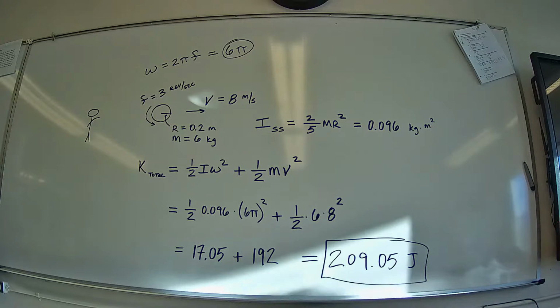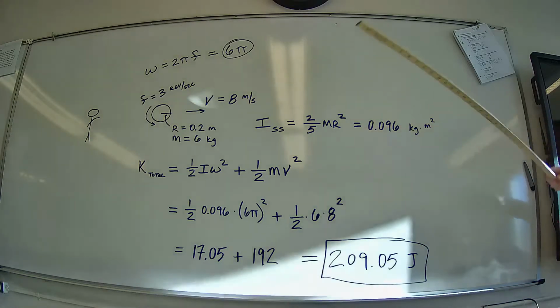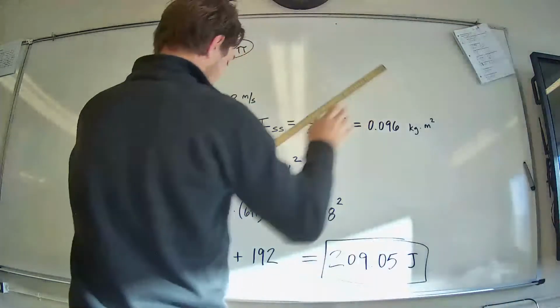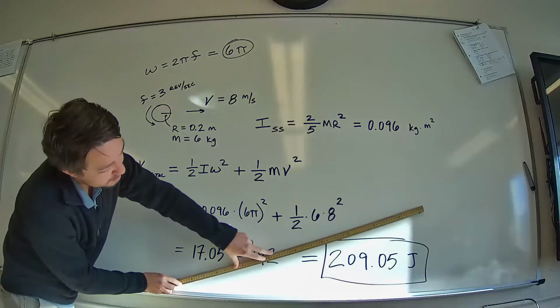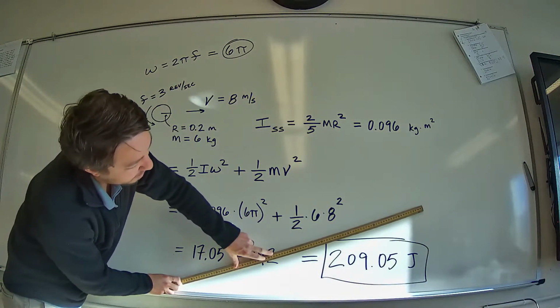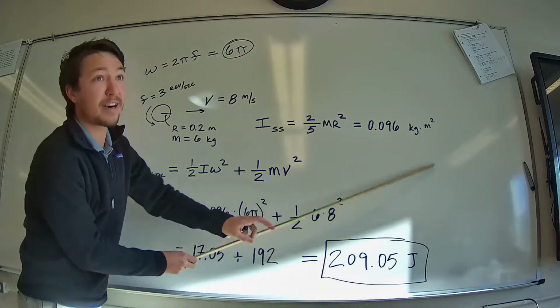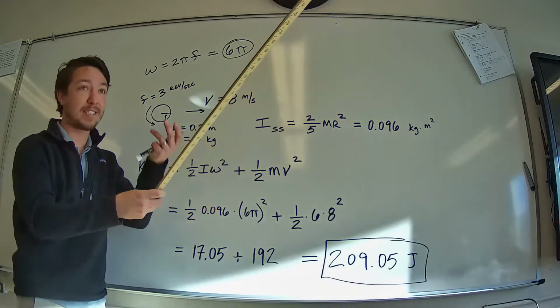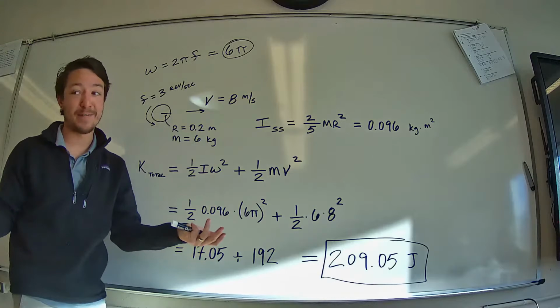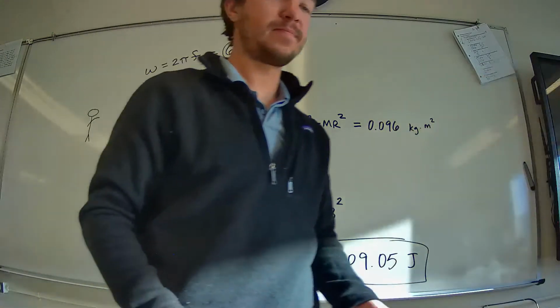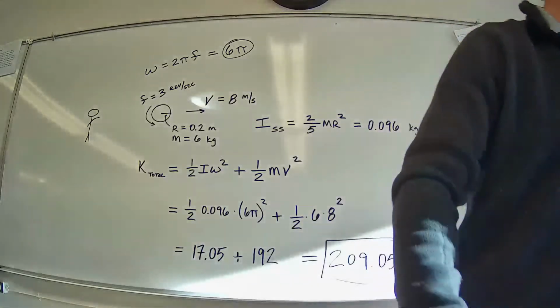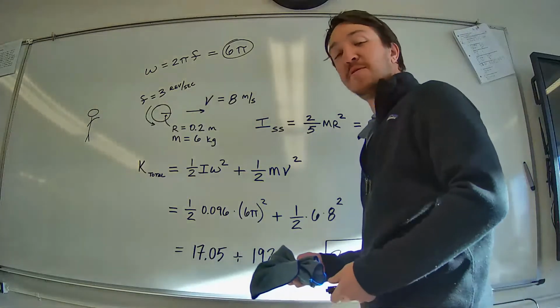I gotta make sure I don't block it. Do you think I got it? 95 centimeters, almost a meter. Maybe in a few minutes, depending on where the sun is, we might get a full meter. That would be exciting. Living on the edge. You guys would lose your minds.